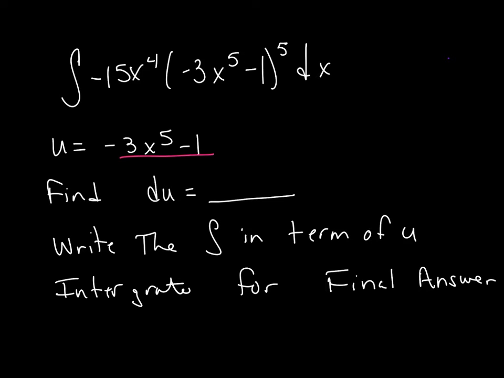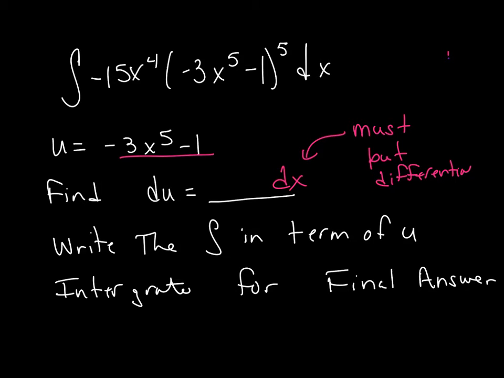When you find du, you must put the differential in there, which in this case is dx. If you don't put the dx in there, you will absolutely lose points.